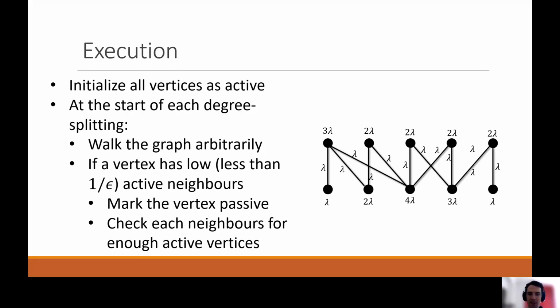Before every degree splitting procedure, we will try to sort out vertices which are risky to split on, because we will receive a bad approximation. That is, we will initialize all vertices as active. And at the start of each degree splitting procedure, we will walk the graph and iteratively remove vertices which don't have enough active neighbors. Once we're done with this, we mark them as passive. We will freeze the weights of all edges incident on them.